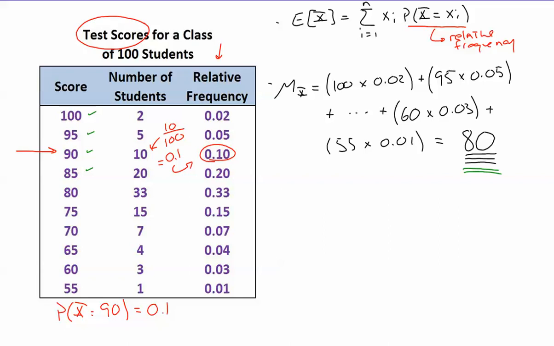So what does mean value mean? The mean value, little mu sub x, is the point above which and below which my random variable is 50% likely to lie.